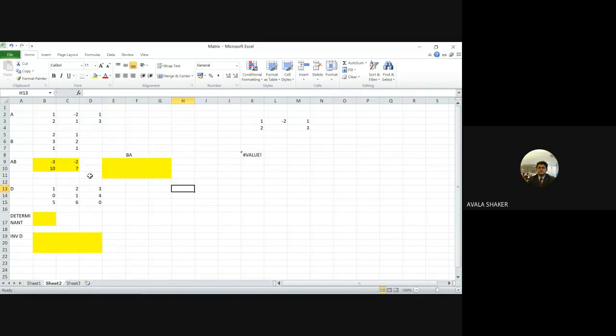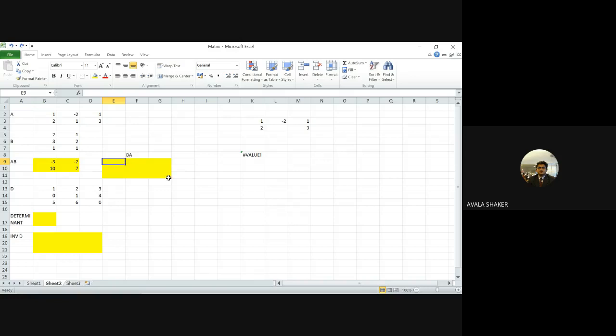If I want to get rid of this, you'll have to select the whole array, delete everything, control shift enter. Now that has gone. So you'll have to get rid of the whole thing.